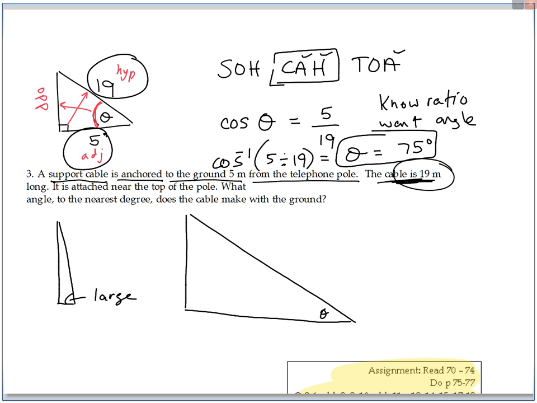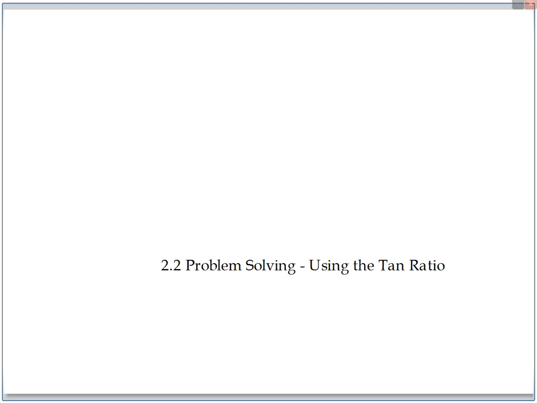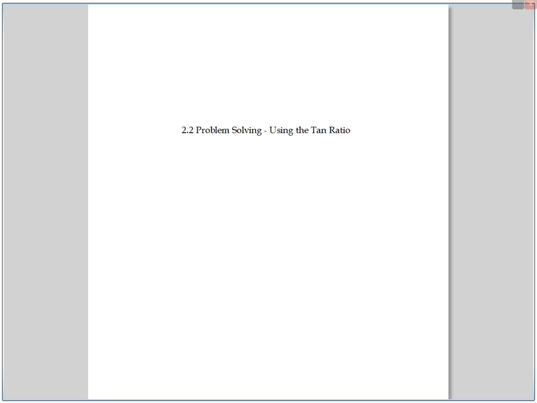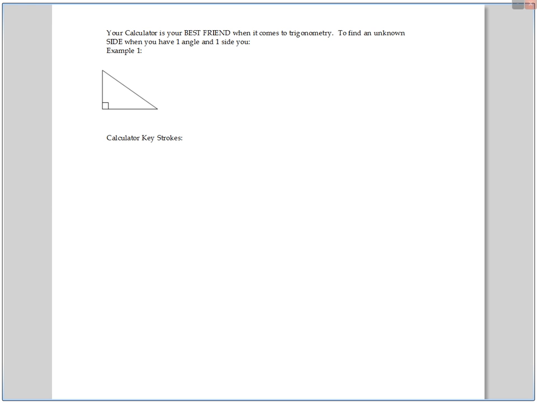Then this angle here is going to be smaller. Does that make sense? And then the sine, cos, and tan will help you solve for all triangles every time. It's perfect, it always works, for every right angle triangle. So make sure you solve that homework on your own time, and I'll give you some time today.